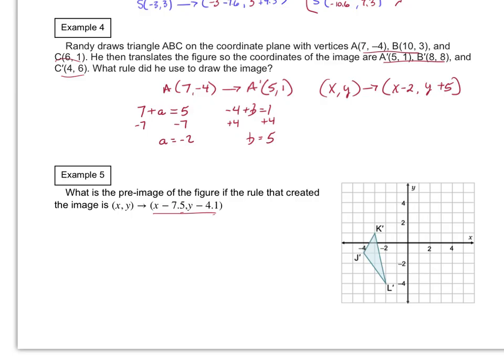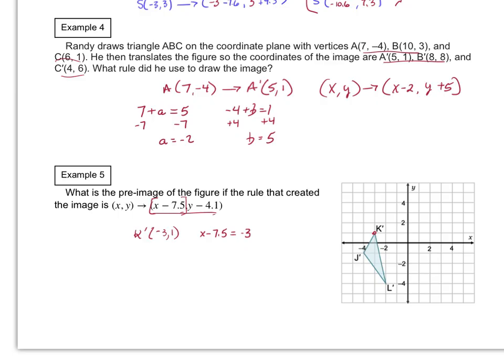So if I take K, just as an example, K prime, sorry. K prime is -3, 1. So how did I end up finding that rule? Well, this is it. This got me to that location, the rule. So the x value for that would be x minus 7.5 equals -3.